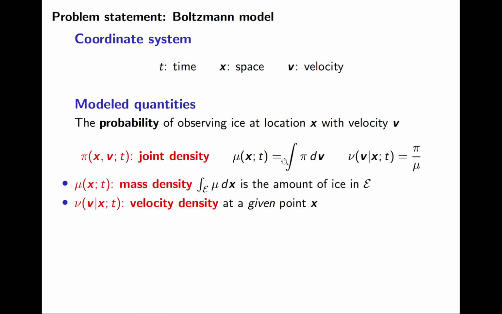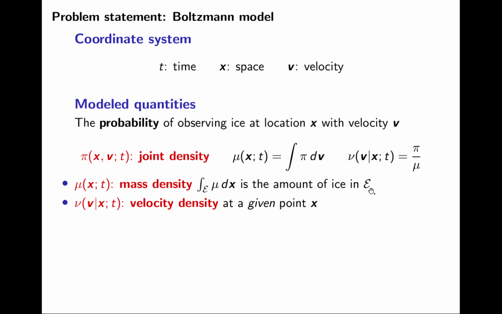And we interpret the mass density as follows: if we take some set in physical space, like a subset of the Arctic, maybe some basin, or we could even say it's the full Arctic if we say it's our full spatial domain, and we integrate over this space, then the mass density is the amount of ice independent of velocity. It's just the amount of ice that is currently inside this set E.